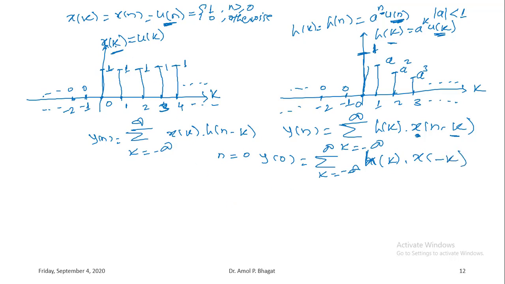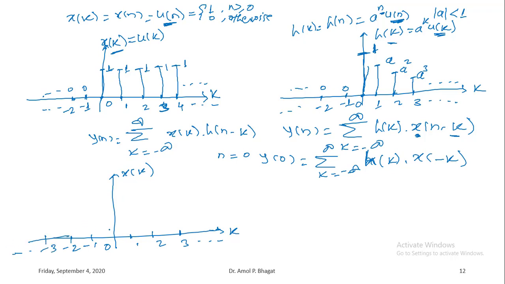So I have to fold this input sequence x of k about the origin. How will it be plotted now? The values were present at 1, 2, 3 and so on, and will now be at -1, -2, -3 and so on. At 0 the value will be the same, that is 1.